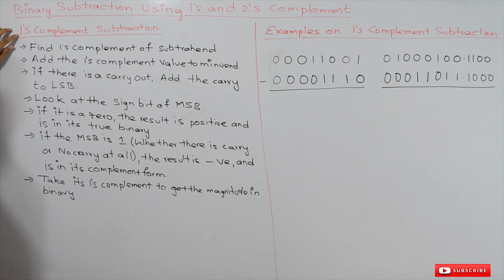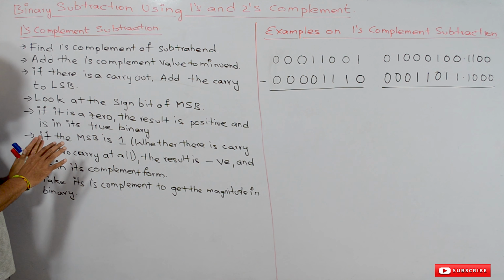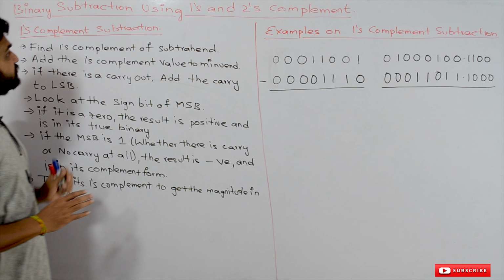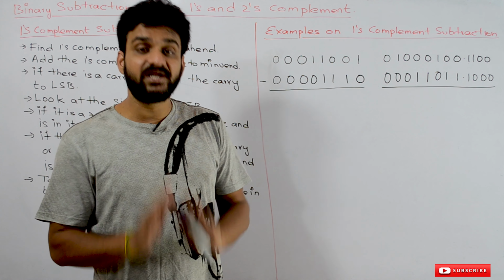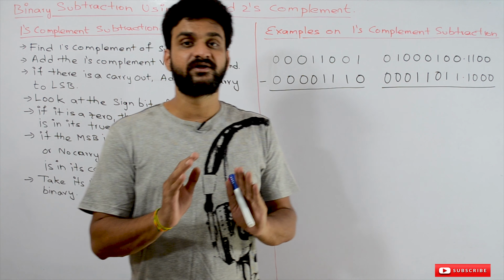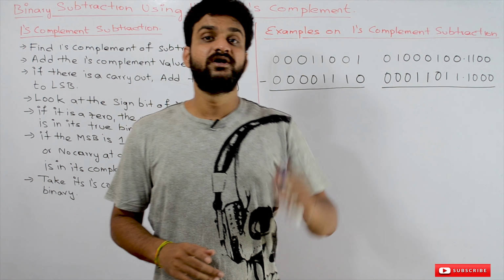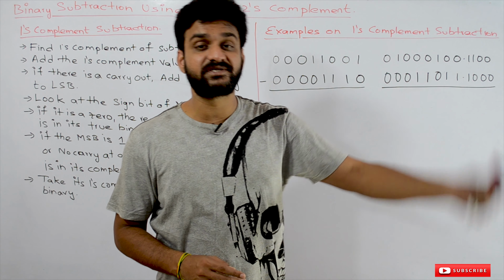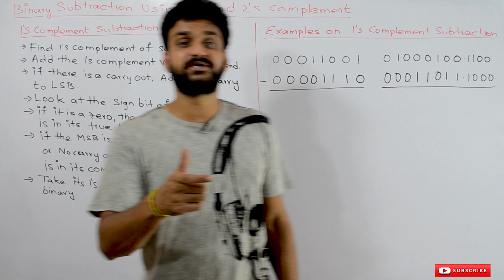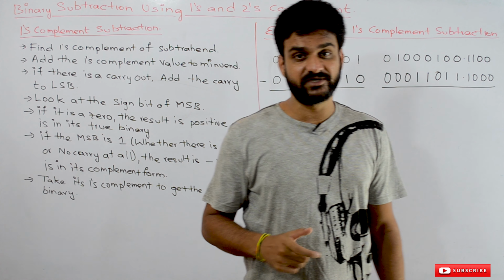The steps involved in the ones complement subtraction are very much similar to those of nines complement and tens complement subtraction. In the decimal number system we have covered nines complement and tens complement subtraction.